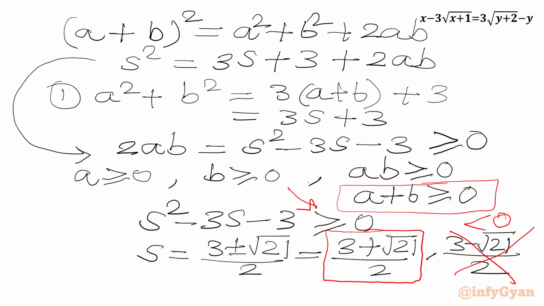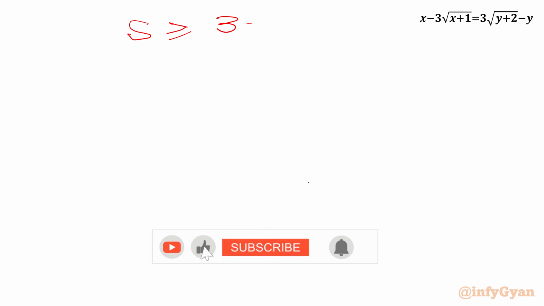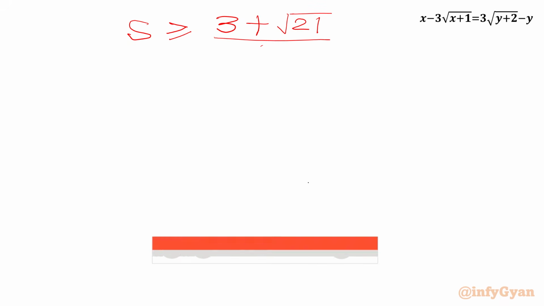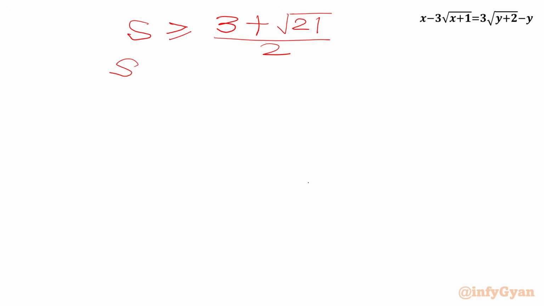So I will write here s should be greater than or equal to 3 plus square root of 21 over 2. So we have s minimum equal to 3 plus square root of 21 over 2.